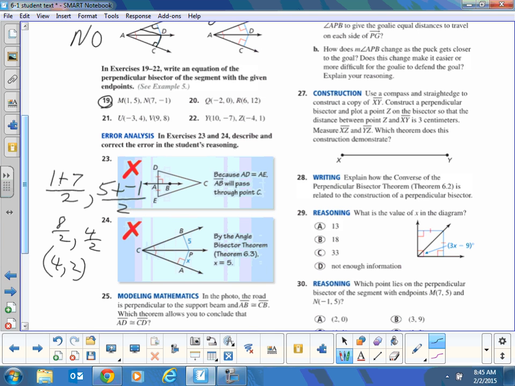Now I'm going to need the slope of the perpendicular bisector. To do that, I'm going to need the slope of this line segment first.